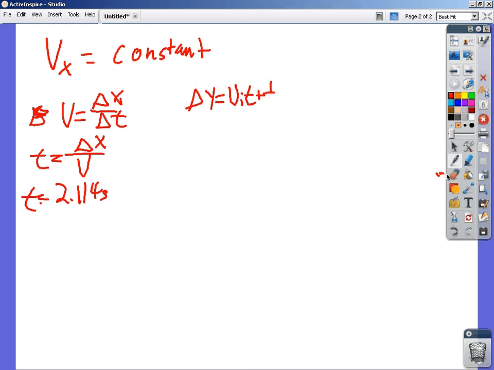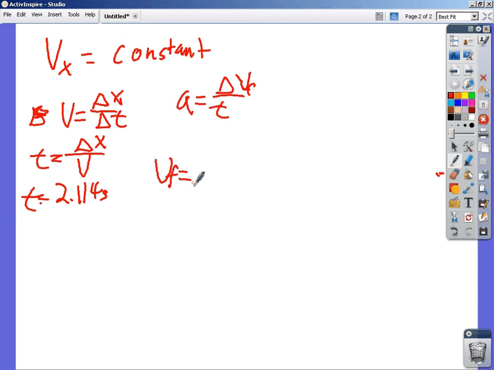Because the acceleration is constant in the y direction, you can actually use this formula, a equals this. Because you don't have an initial velocity in the y direction, this really is Vf if you want to think about it that way. So Vf is equal to a t. You take the acceleration that's given and multiply by the time you found.